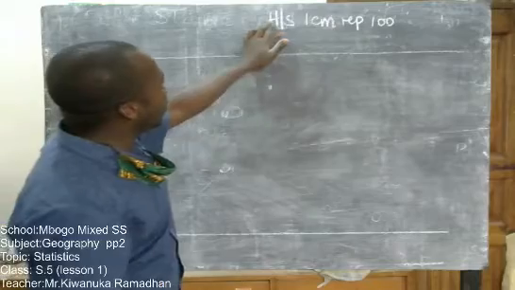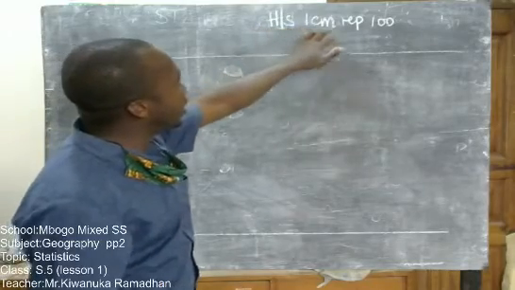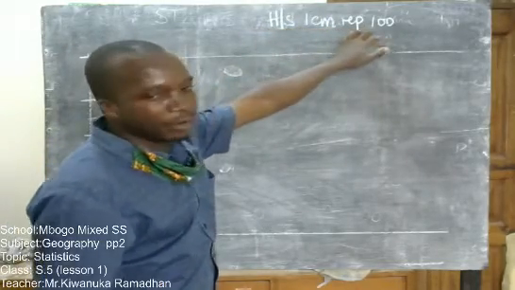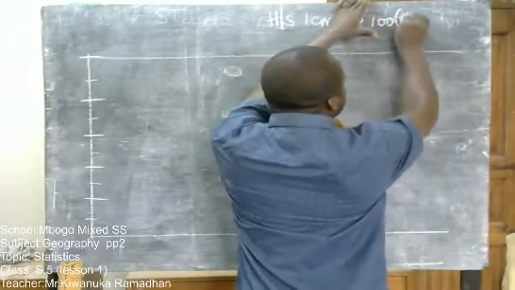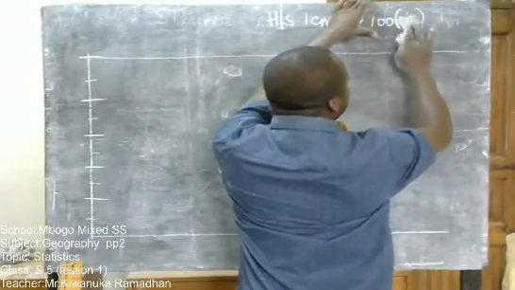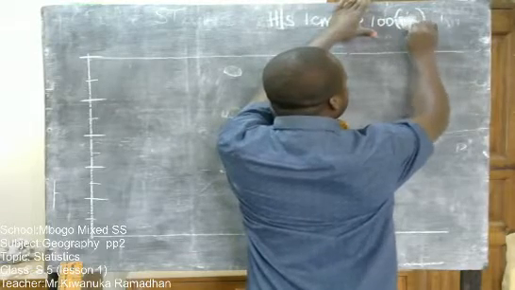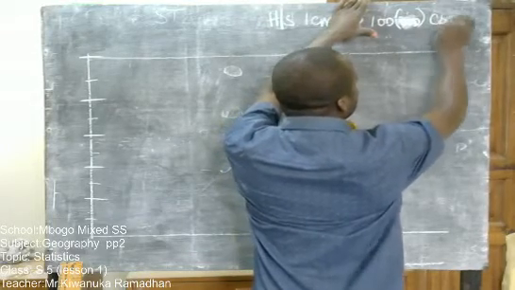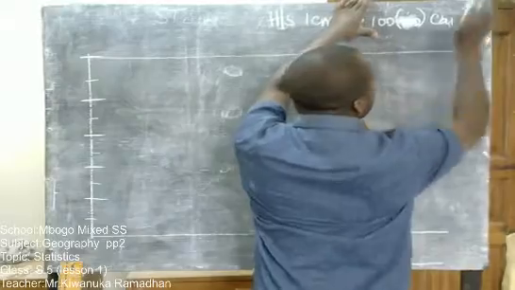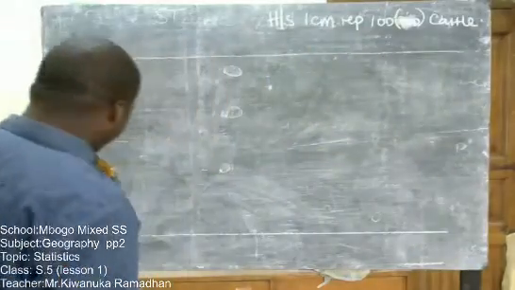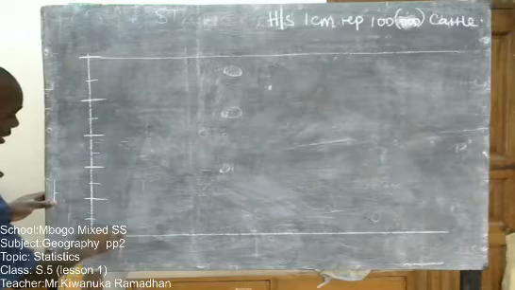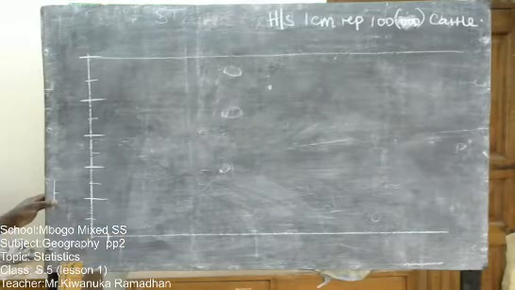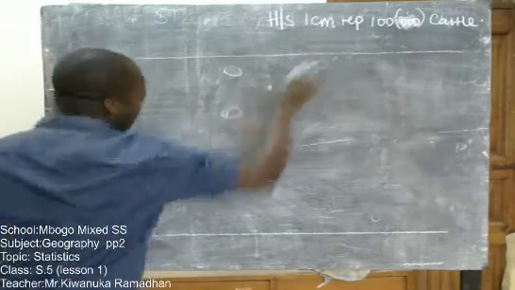So horizontal scale, 1 centimeter represents 100,000 cattle. So if this is 1 centimeter, it is going to be 100.